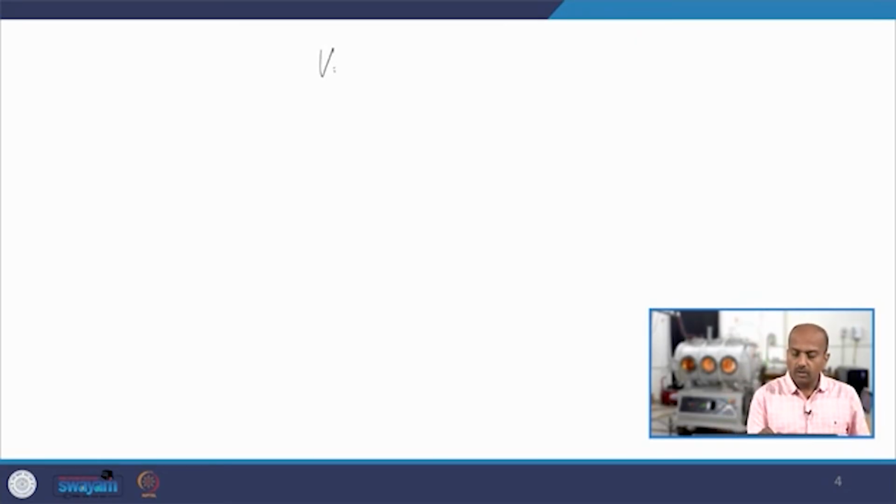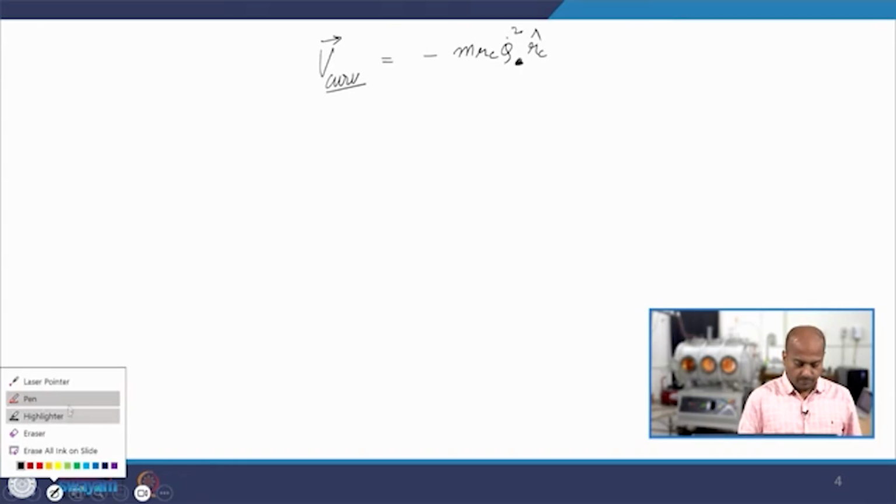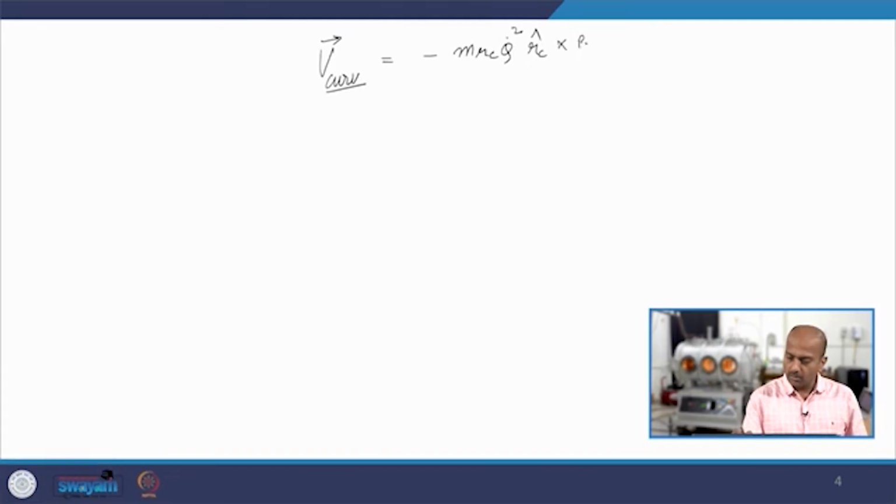So, we are going to call it V curvature, which is equal to minus m RC phi dot square along RC cap times B phi divided by B square q, right.